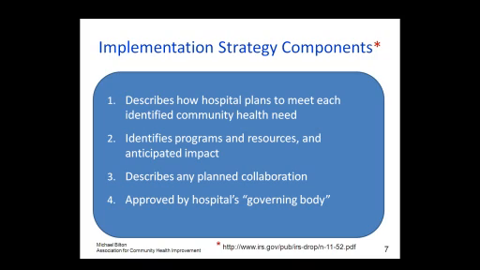Must identify programs and resources you intend to put in place and their anticipated impact. So what are you going to do, and to what effect do you think that work will be? And again, any planned collaboration would be described, and ultimately the plans need to be approved by the hospital's governance. Typically the board, could be a board committee.